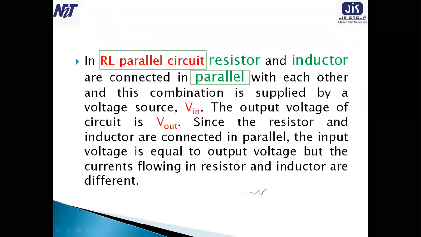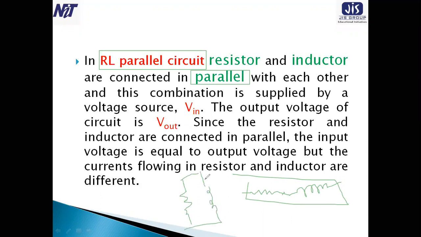That means this was the resistor, this was the inductor, connected in series, but in this case the resistor and the inductor will be connected in parallel. This is the basic difference between the series and the parallel connection.